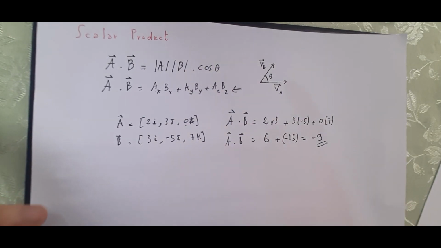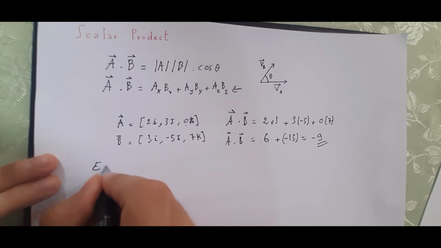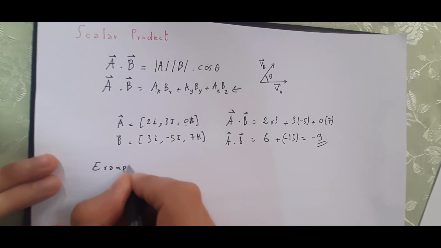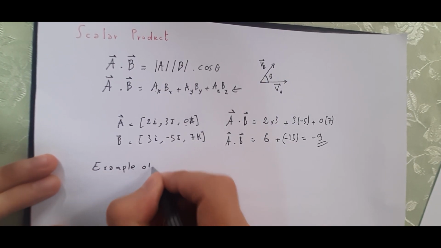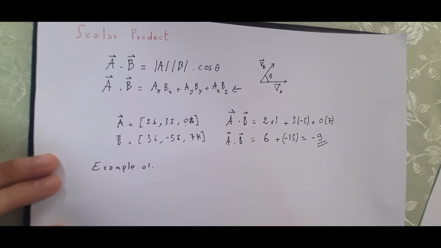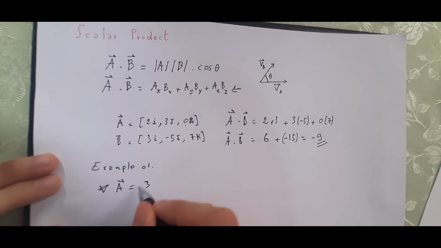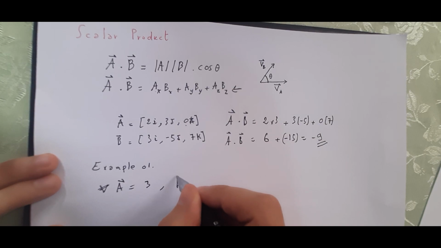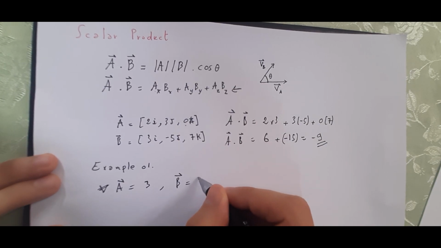Let's do another example, example 1. So we have vector A, which has a magnitude of 3, and B is 5.